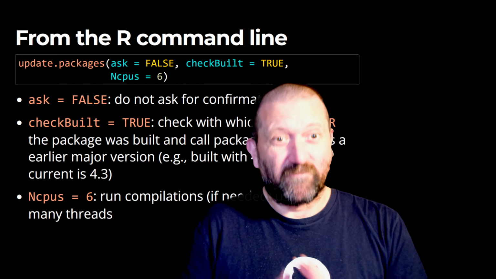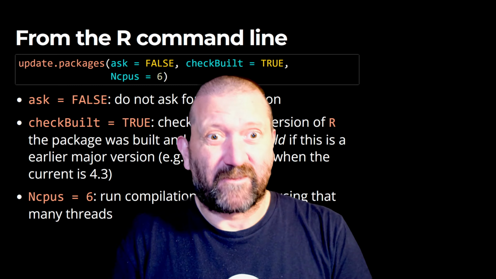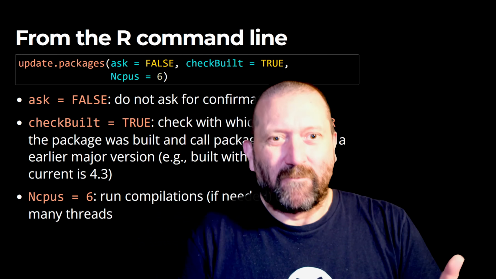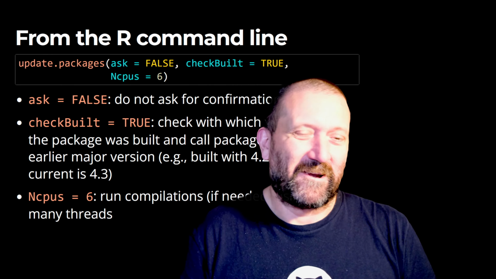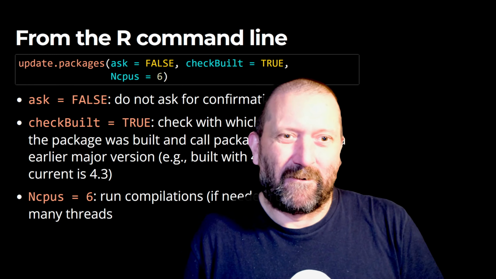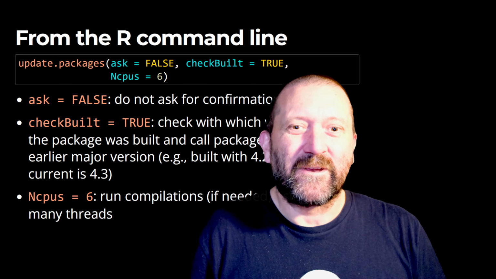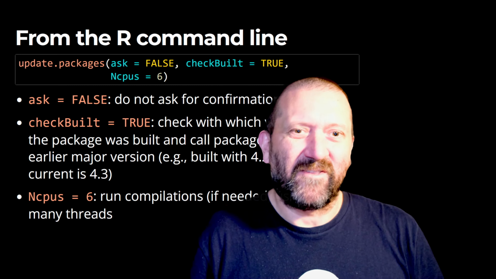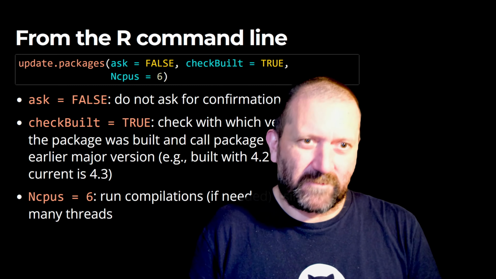And finally, there is one important thing if you're in the Unix world again. I mean, it works in Windows and Mac as well, I suppose, but it's not as critical because you don't compile all the packages. But in the Unix world, an option like this is very useful.